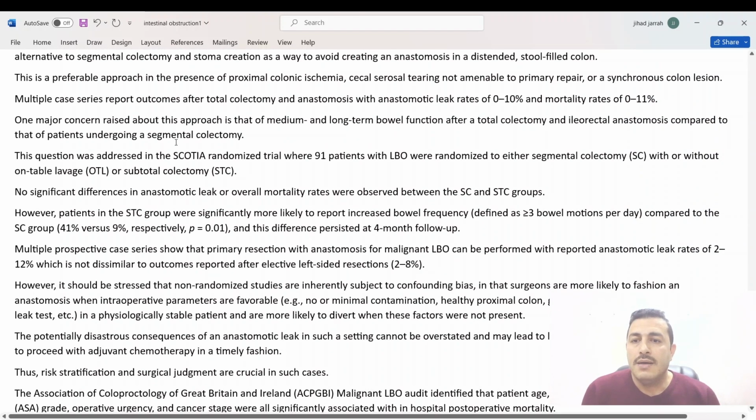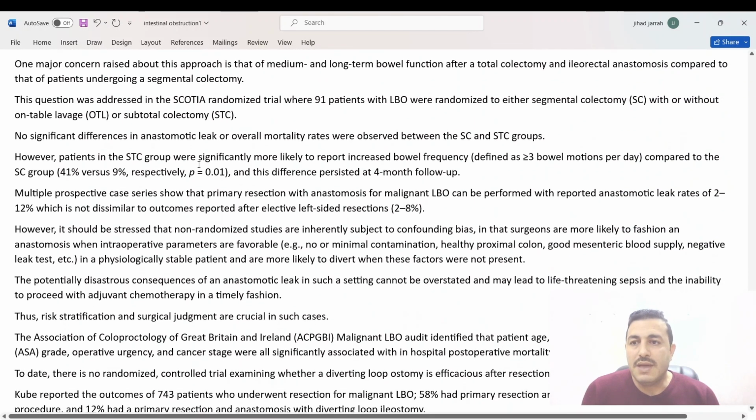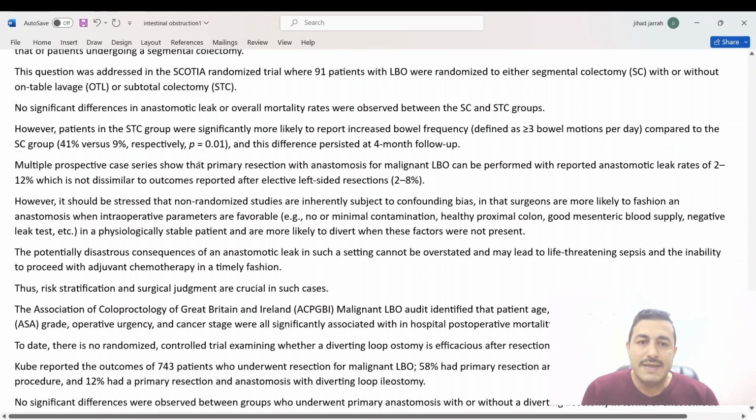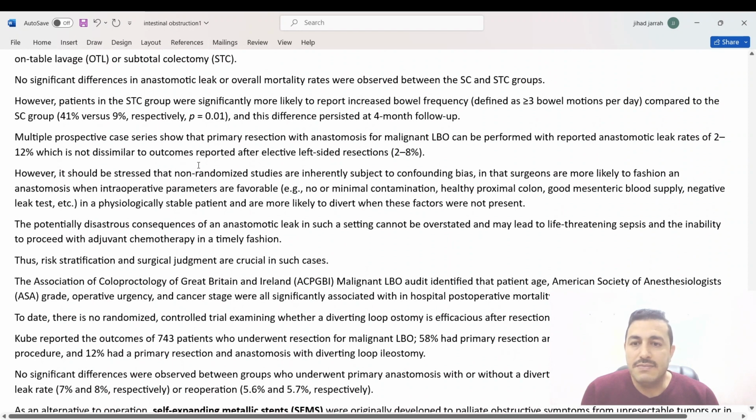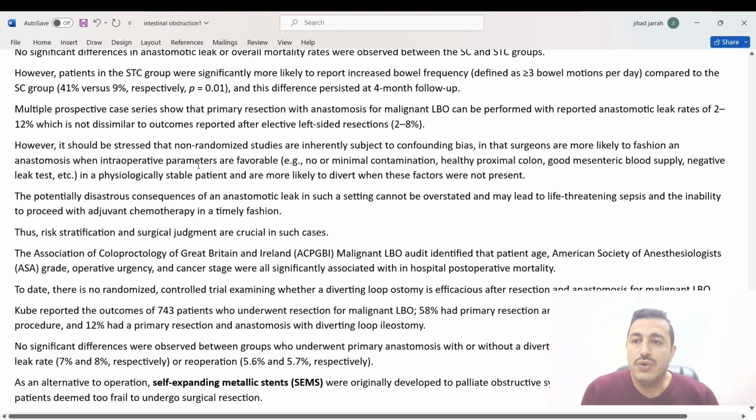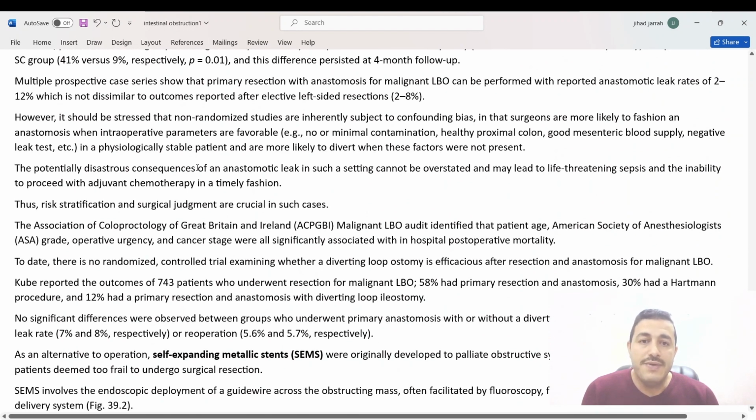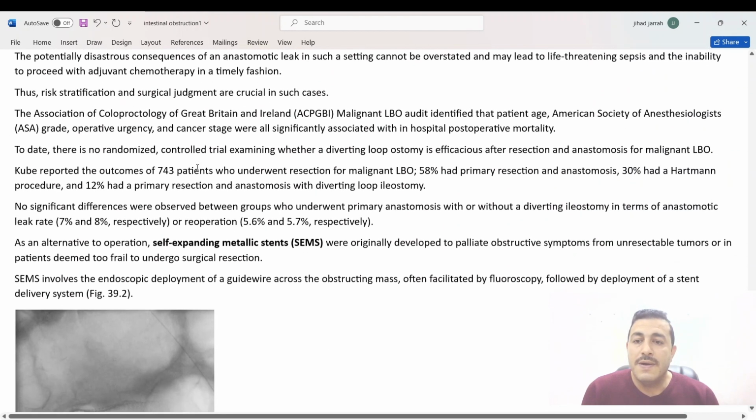These studies are just reviewing what is better to proceed with, segmental or extended colectomies. Actually, I cannot deliver important information for you because these are studies.